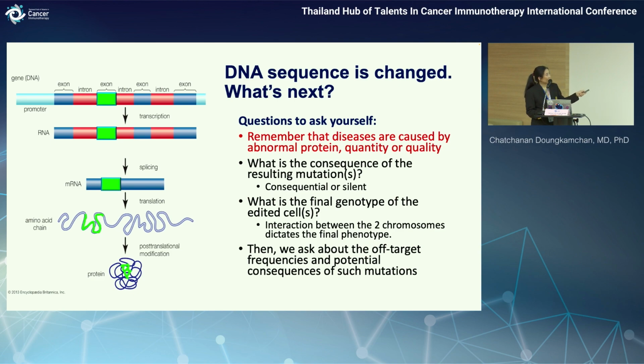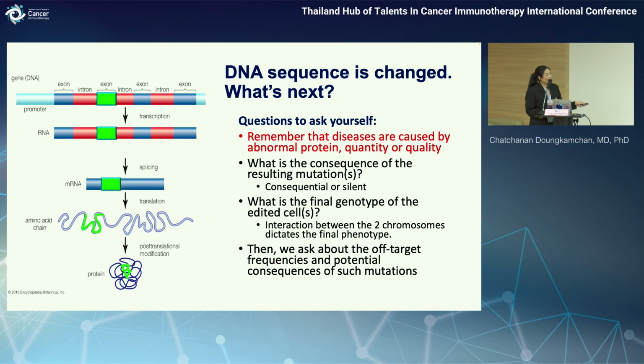So even after we alter the DNA sequence, we have to check if the final proteins really answer our question, and that's the first thing. So the first question I usually ask myself is, what is the consequence of the resulting mutation? Is it silent or is it consequential? And if it has a consequence, is it the consequence that we're looking for?